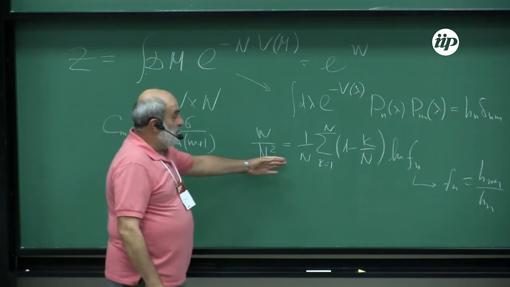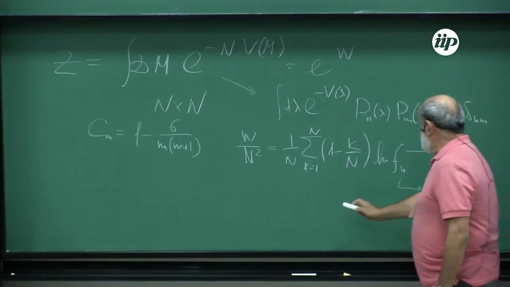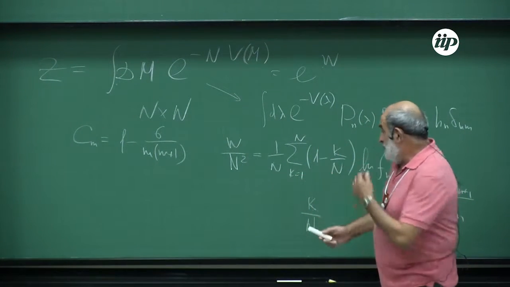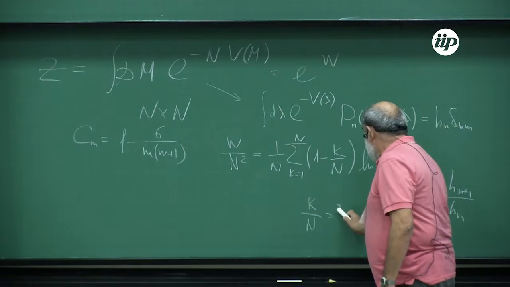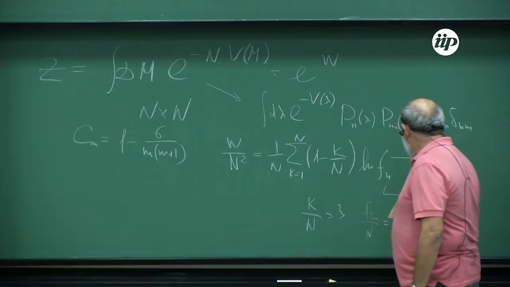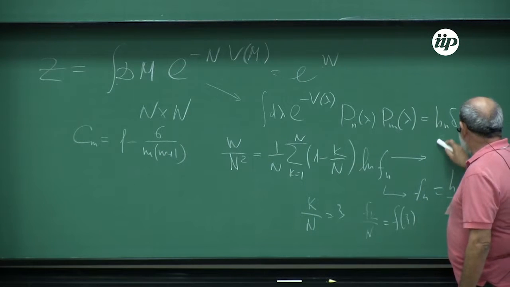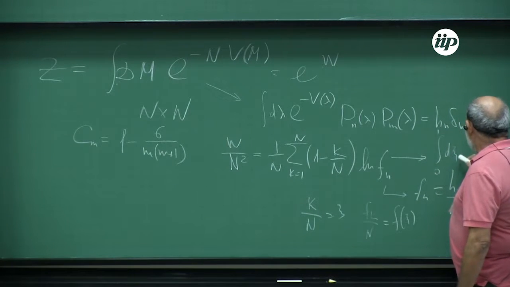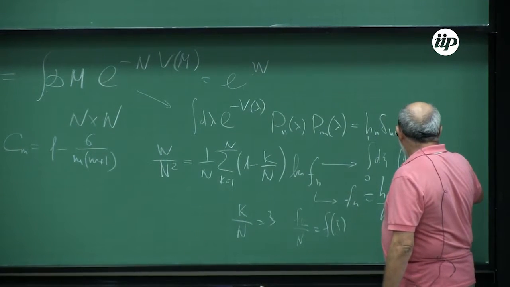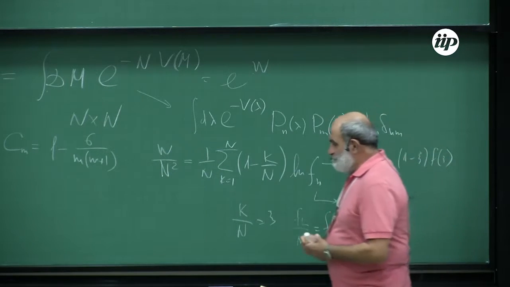So one can calculate the partition function exactly and organize the continuum limit in a way that K, the number of the matrix element, is written as xi, and F_k divided by N as some function f of psi. Then this object will become the integral from 0 to 1, d psi, 1 minus psi, f of psi.